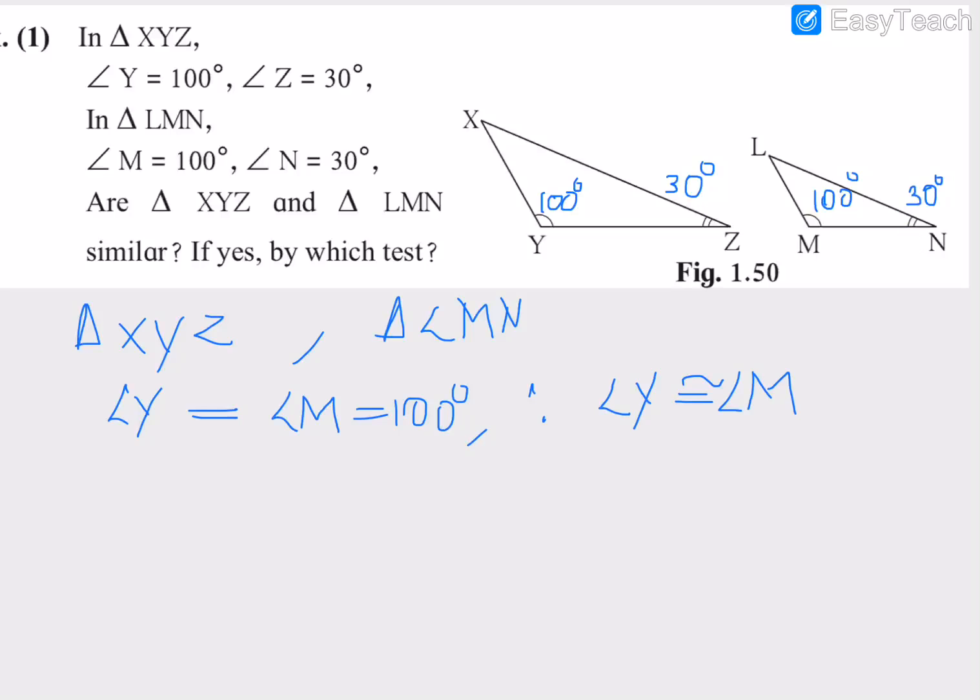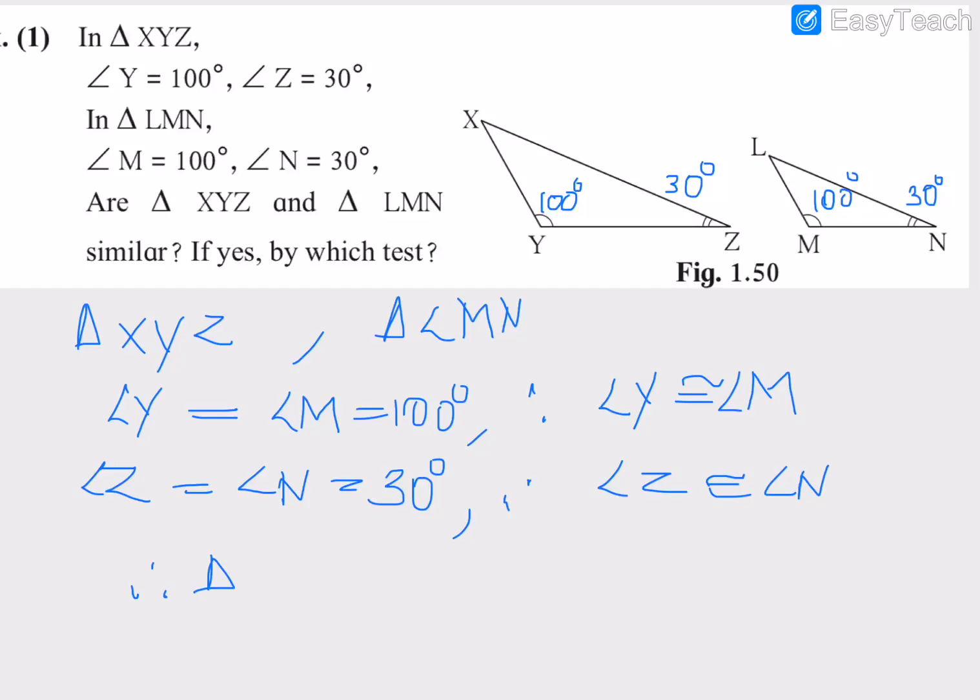So the next is angle Z and angle N. We can write that angle Z is equal to angle N, equal to 30 degrees. So both are 30 degrees, means they are equal. So we can write angle Z congruent to angle N. Now according to the AA test, angle test, we have got two angles congruent, means the two triangles are similar.